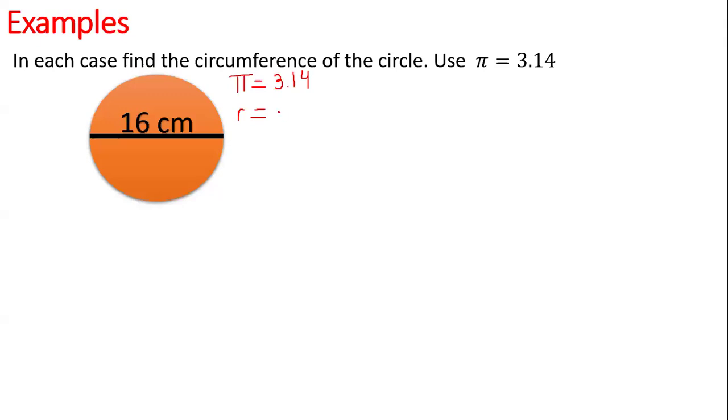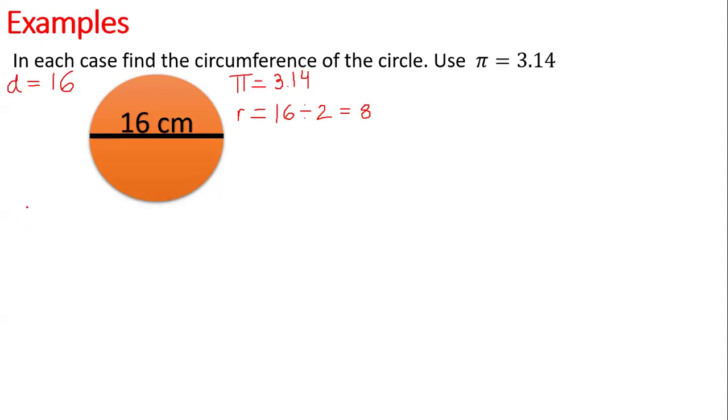The diameter is 16, but the radius is going to be half of that. 16 divided by 2 is 8. Good. Why is that? Because the radius is half of the diameter.